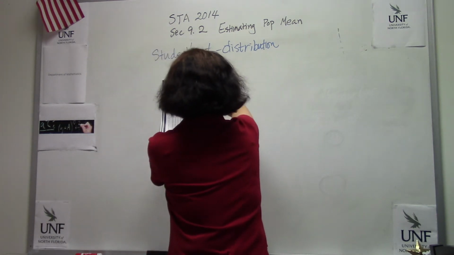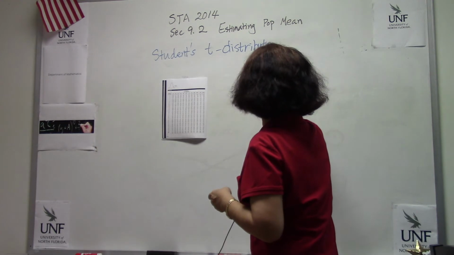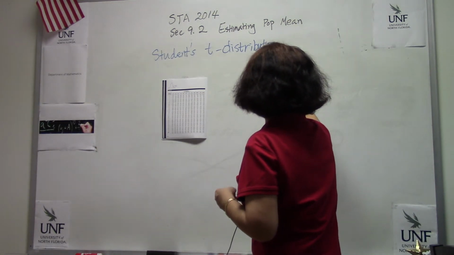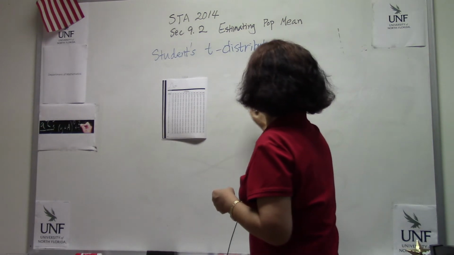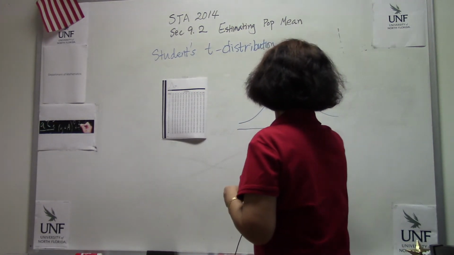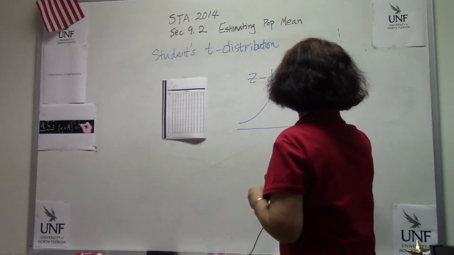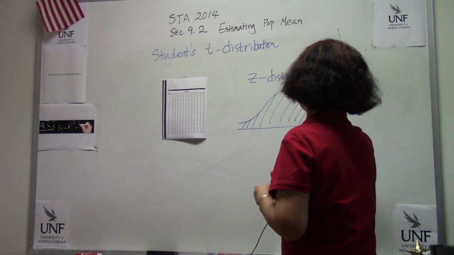Okay. So compared to the Z distribution we use so far, what's the difference? The Z distribution, for example, is going to show the area. If you have a Z value over here, the area is going to be to the left.